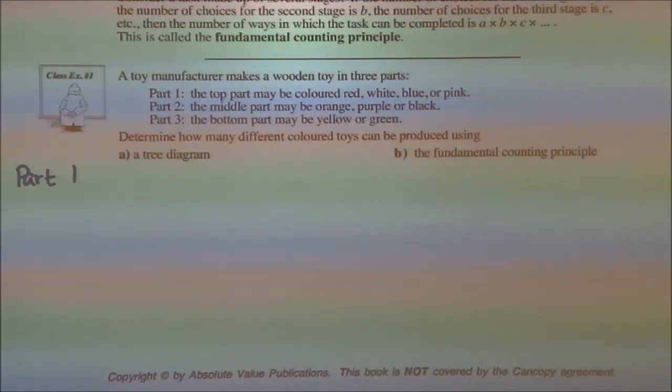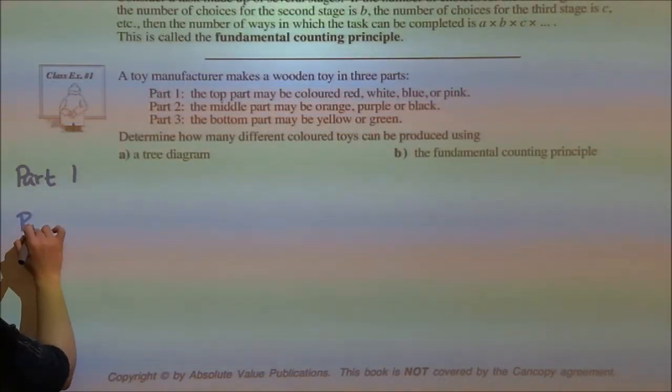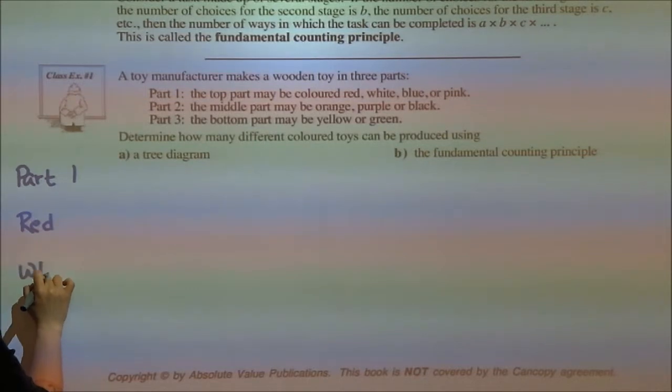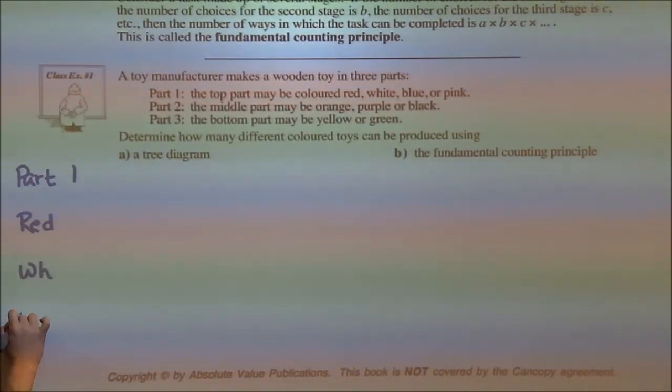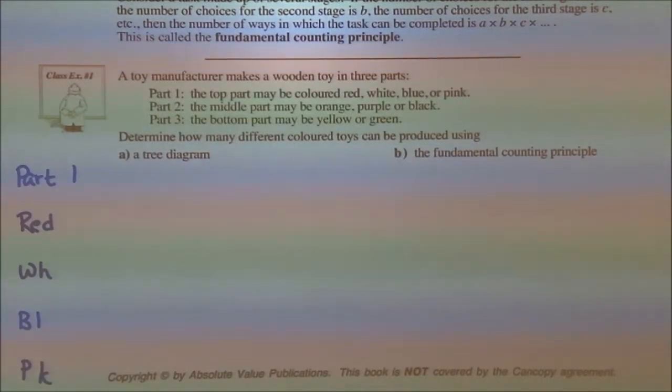What are my choices for the top part? Red, white, blue, or pink. And you're going to want to leave some space between each of these colors because my tree has to fan out.